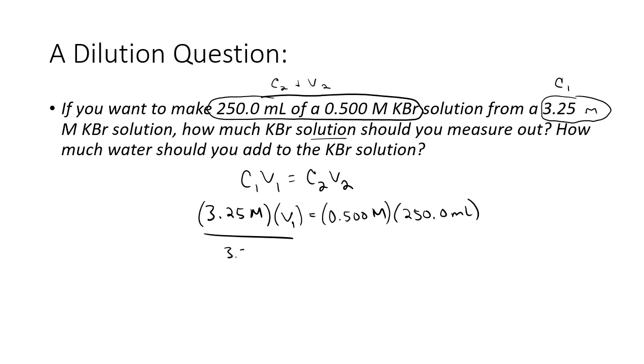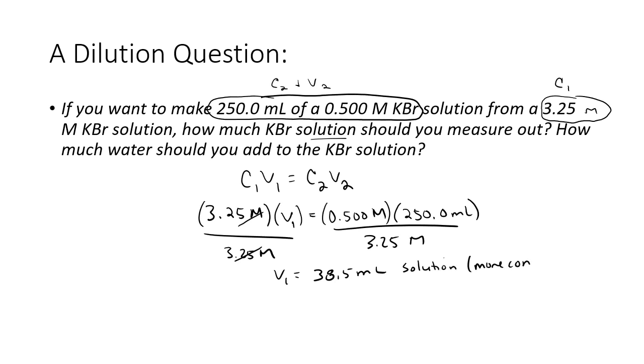I'll divide by 3.25 to get the volume by itself, and I will get a volume of 38.5 milliliters. The idea is that to the more concentrated solution, we want to add water in order to make 250 milliliters.